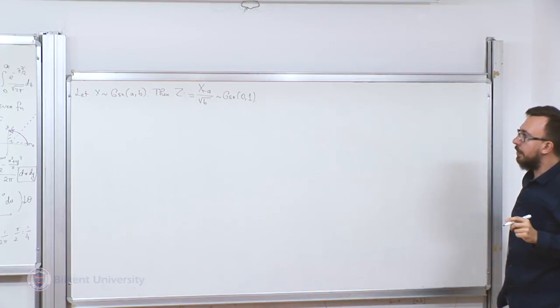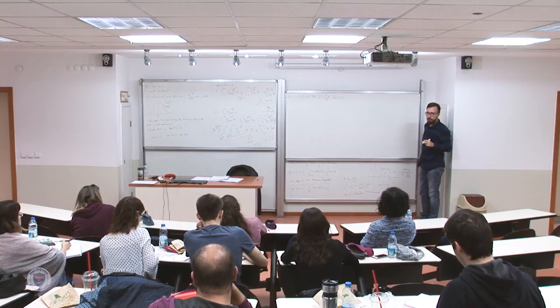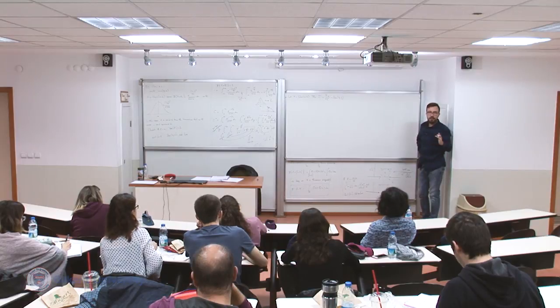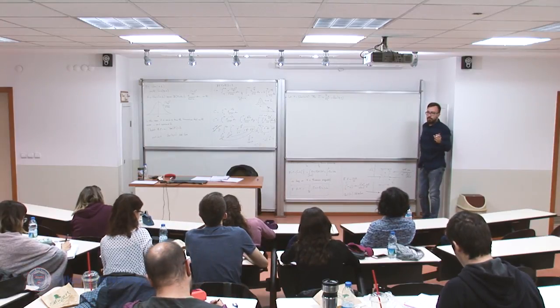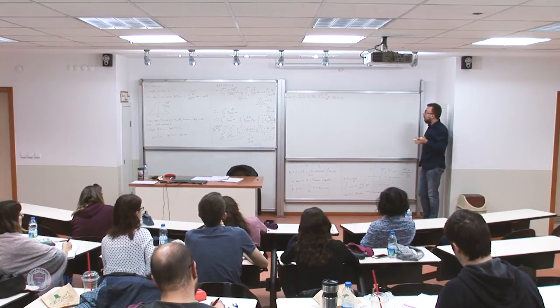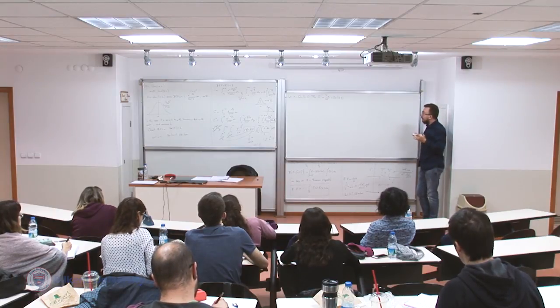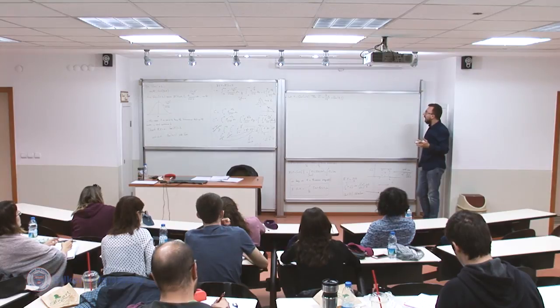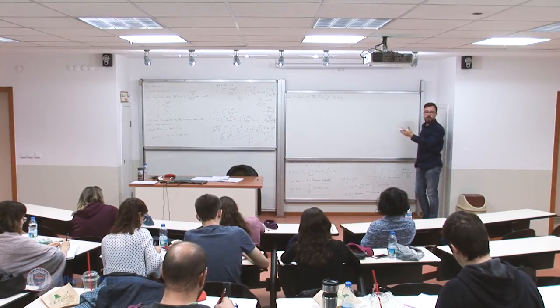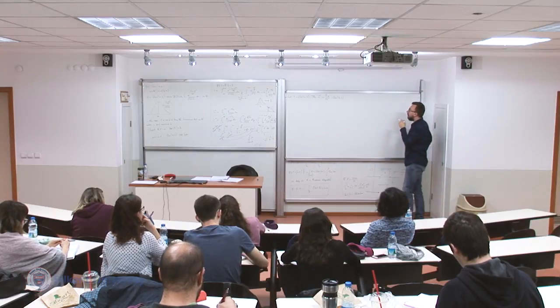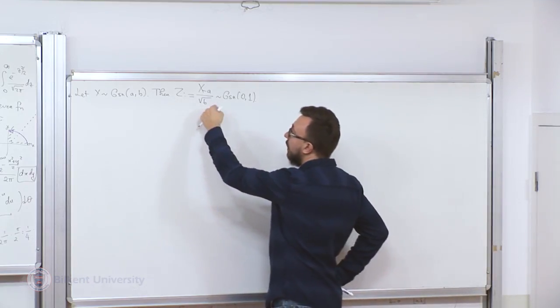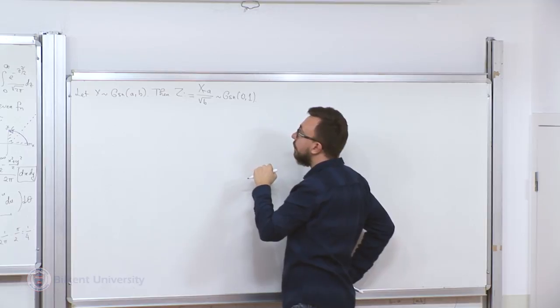So this is sometimes called standardization. If you have x whose parameters are a and b, then you can make a parameter-free version of it, a standard version of it, just by shifting it and scaling it by the standard deviation.